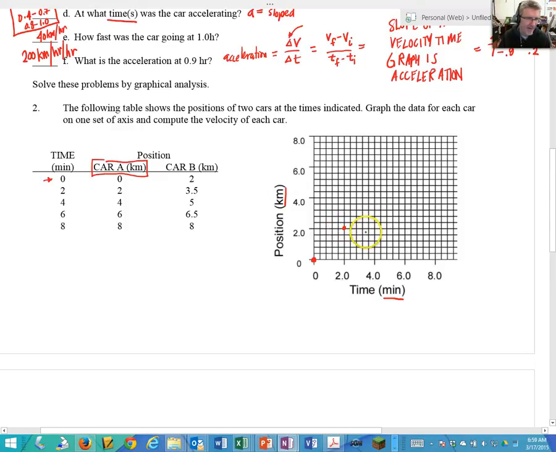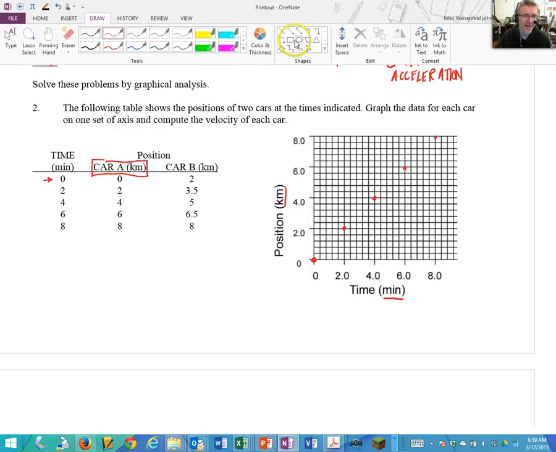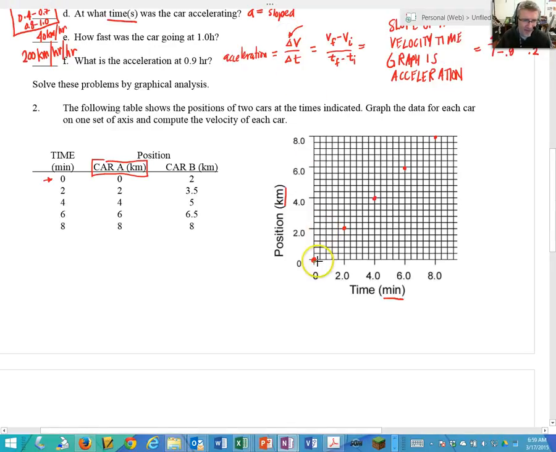At 4 minutes, it's 4 kilometers. 6 and 8. It's 6 and 8. So let's do this. 6 and 8 is 8. All right, I think I can draw a straight line here with my cool little program.